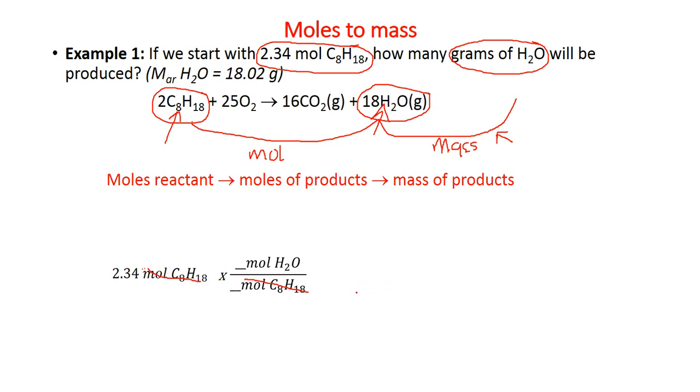But what are we doing? We are moving from moles of water to mass of water. So that means if I have moles of water here, I need to have the molar mass of water up here, so that in the end I obtain the mass of water that I'm looking for.